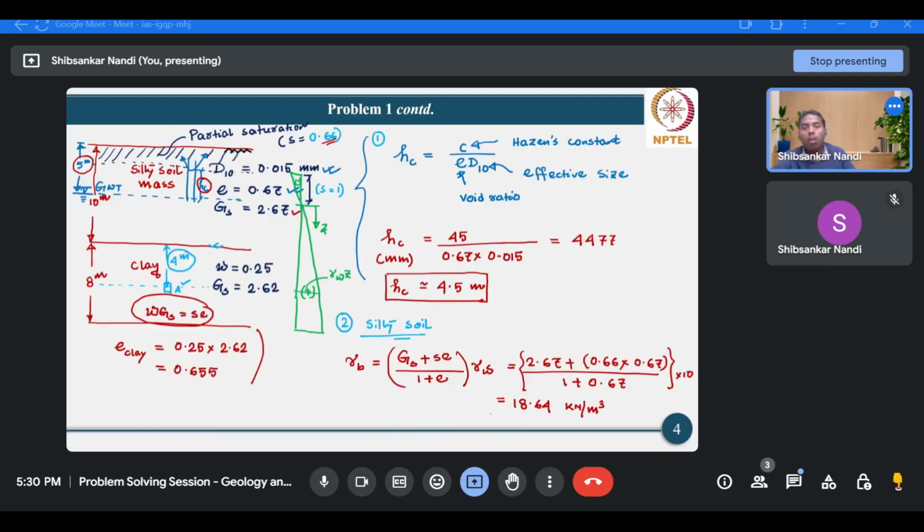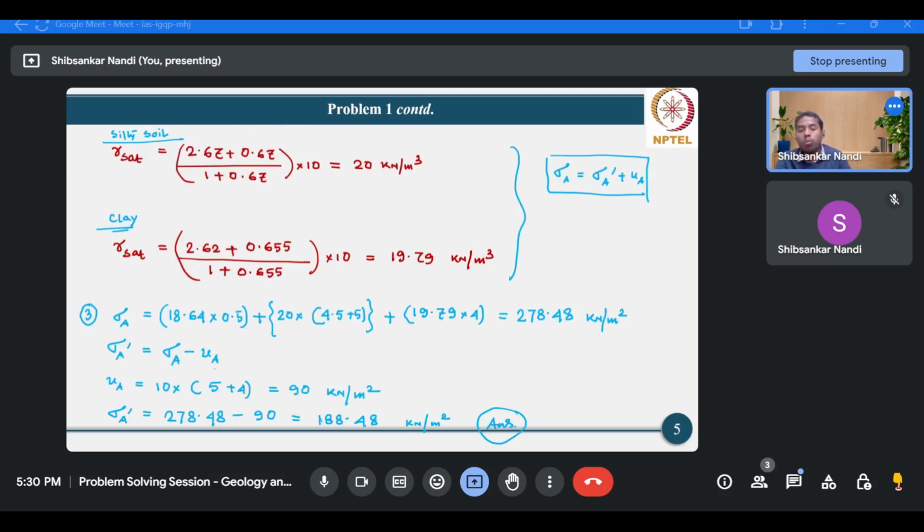Okay, please remember one point: so far we have calculated the effective stress at the mid depth of the clay layer. However, if the question was asked for the calculation of effective stress in this capillary fringe zone, then please be careful that here the effective stress would be total stress plus pore water pressure.